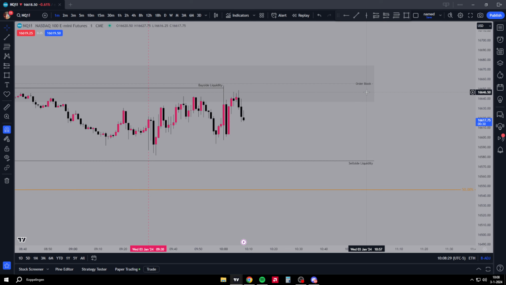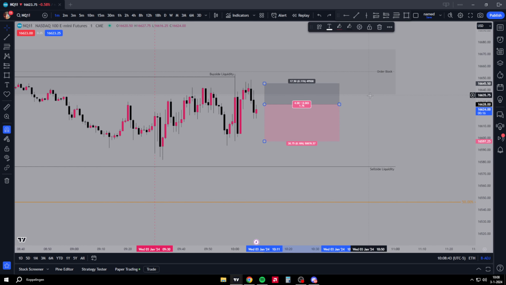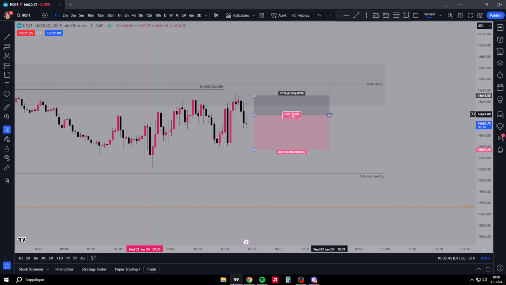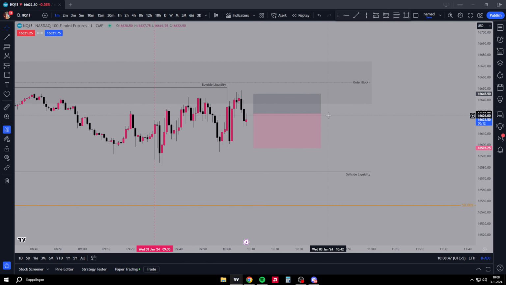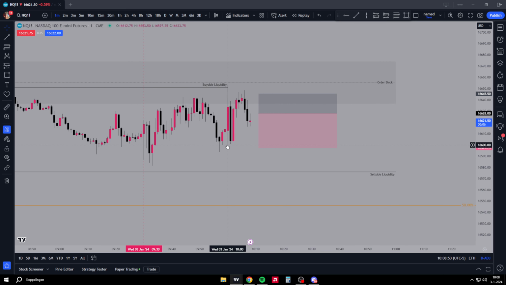Yeah, I would favor us to go to sell side. There's still a right gap here. This will be the order block. My first partial would be there. Yeah, it's like a really small right gap, so I really have nothing here.